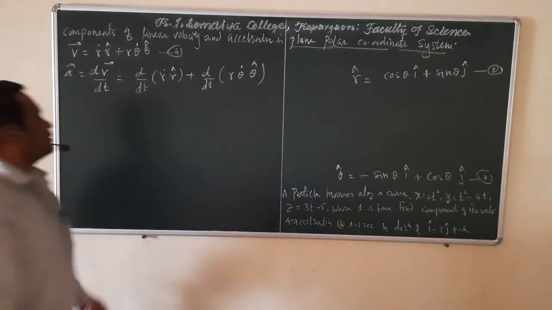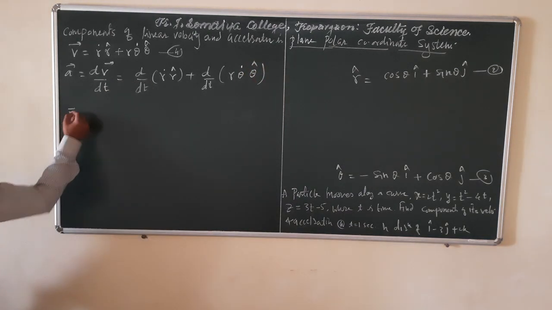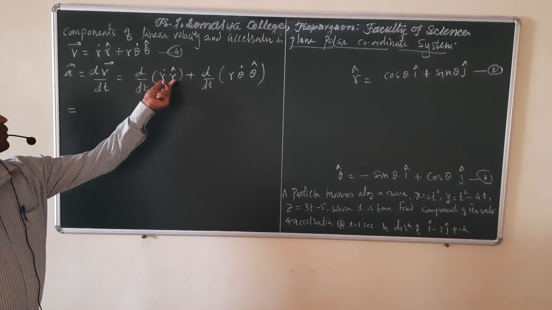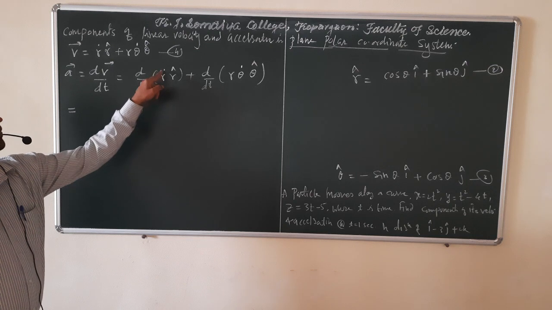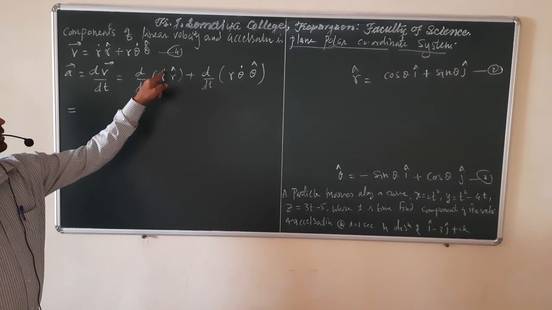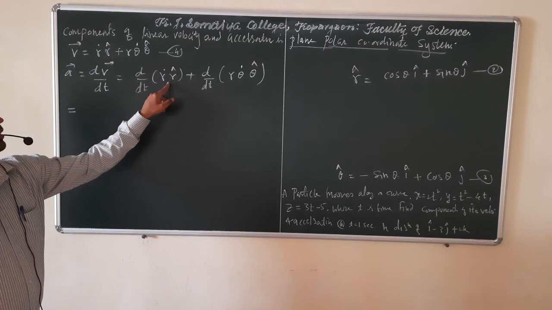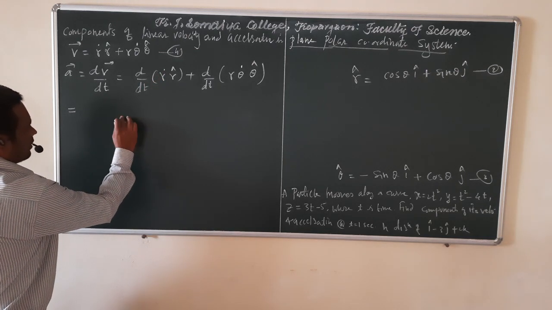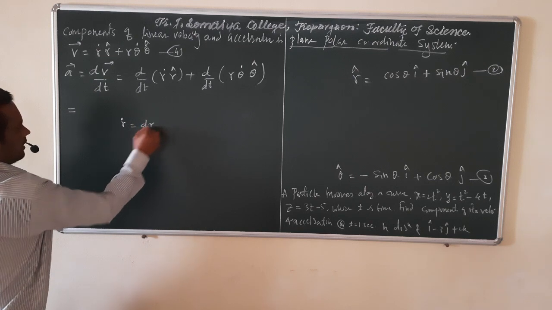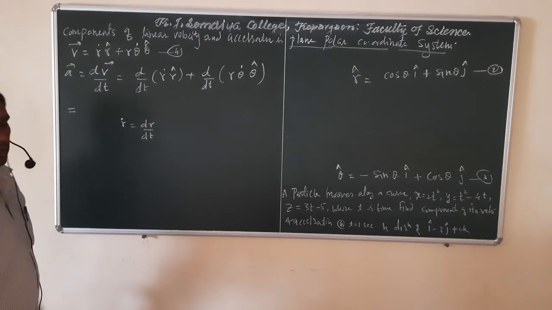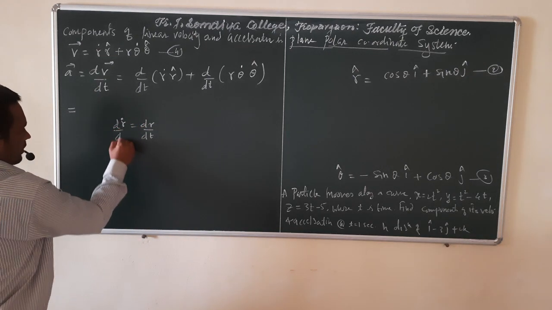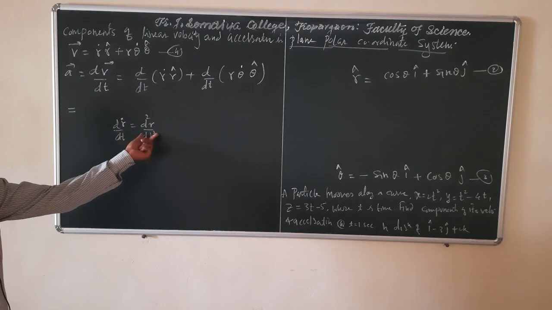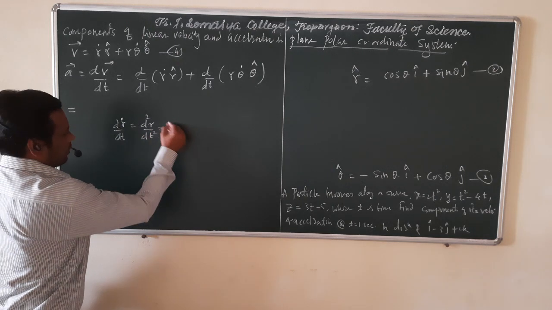Okay. Now, here we have to use the product rule. For the product rule, if you take the derivative of r dot, which is the first order derivative of r, that is dr by dt, then it will become the second order derivative, and we can write this term as r double dot.